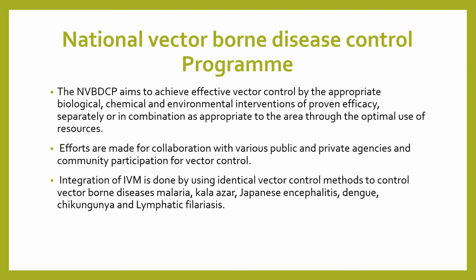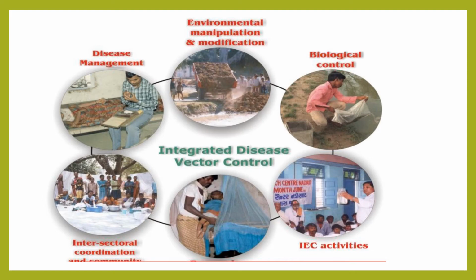For example, we know the mosquito acts as a vector for malaria, Japanese encephalitis, dengue, chikungunya, etc. So, we can use identical vector control methods for control of these vectors. This picture shows the integration of the vector control methods under the National Vector-Borne Disease Control Program.